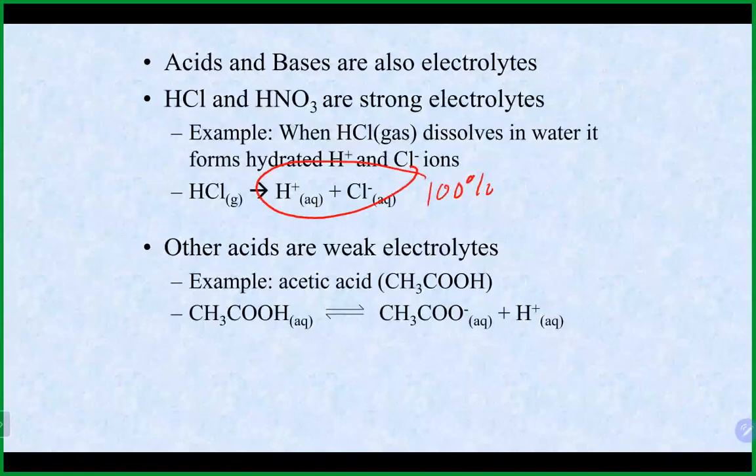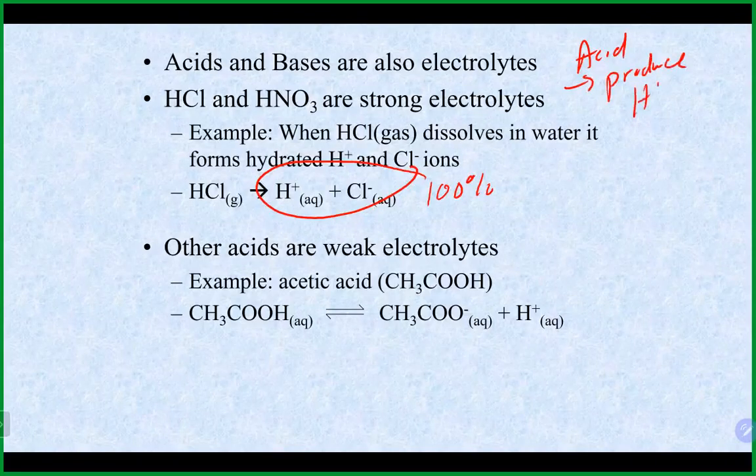And by the way, the general definition of an acid is something that has the ability to produce H plus or H3O plus, which is the hydronium ion, in solution. So the ability to produce H plus or H3O plus in solution is what an acid is.